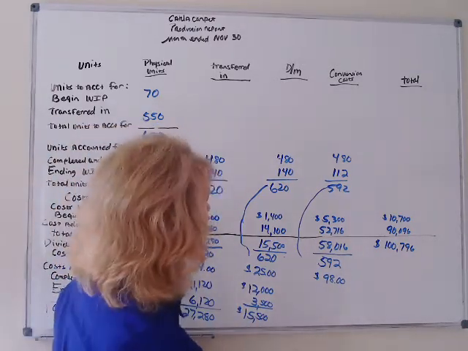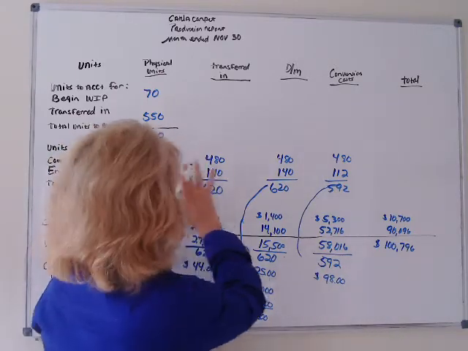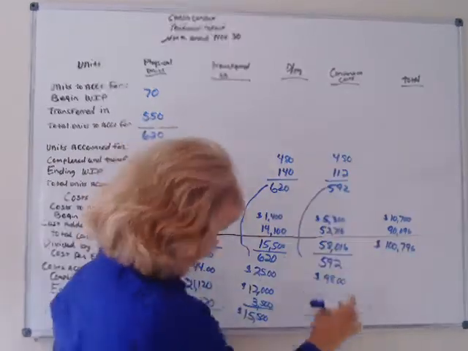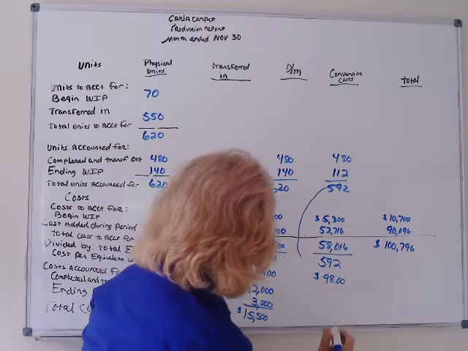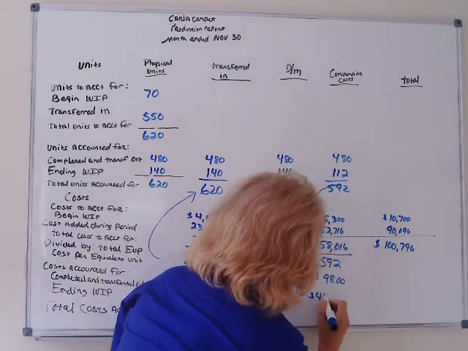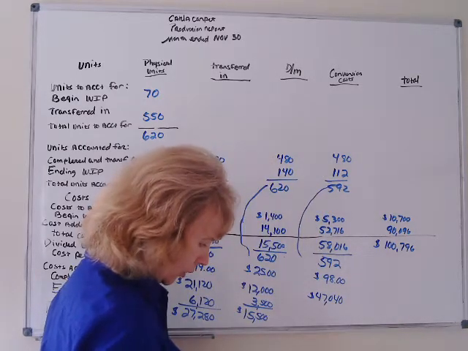Next, I'm going to work on my conversion costs. Same theory. I'm going to go up here. I want my completed and transferred out 480 times $98, and that gives me 47,040.